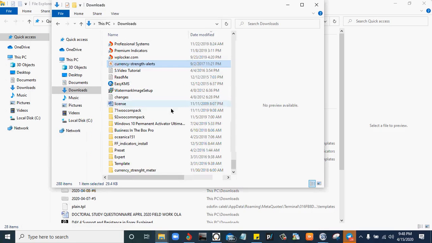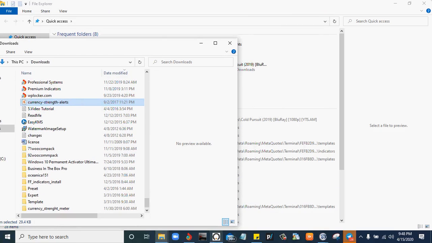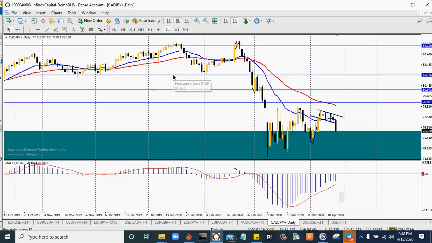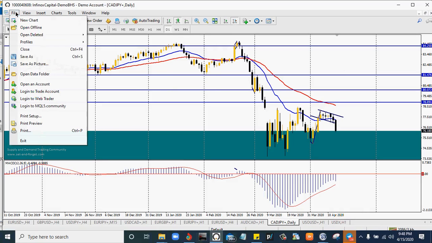Okay. So what we want to do is we want to install it on our chart. So what do you do? You go to your chart, click on file, click on open data folder. What we are doing now is how to install an external indicator into your chart.